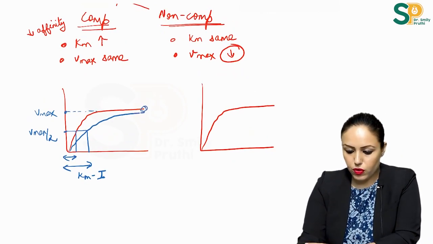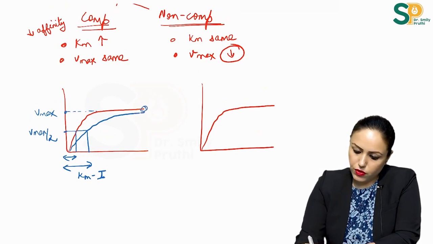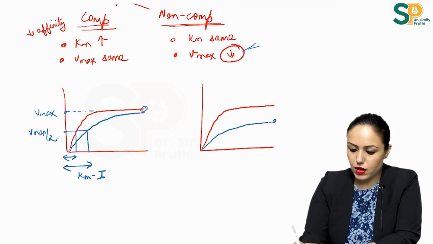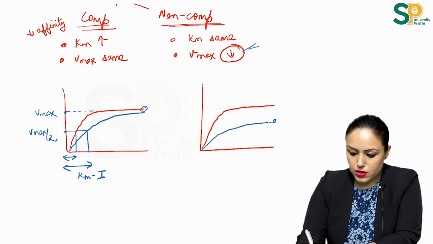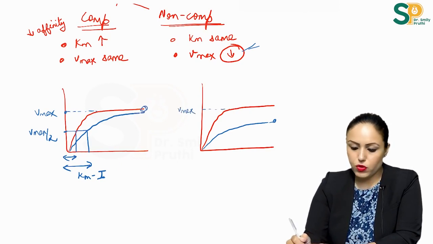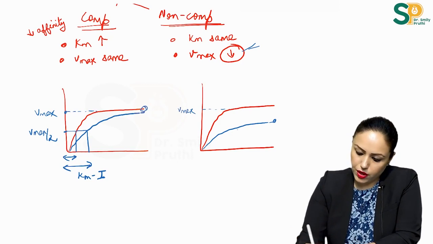In case of non-competitive, velocity is decreased. So somewhere here I'll bring my graph like this, right? Now this is Vmax for the normal graph, right?